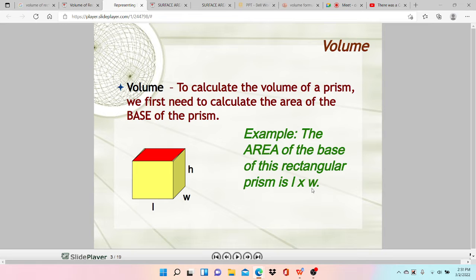Now, we know already the formula of getting the volume. Okay, what is our formula of getting the volume of a 3D shape in rectangular prism? Who can say? I will give 5 points for the students who can give the formula of volume of a rectangular prism.